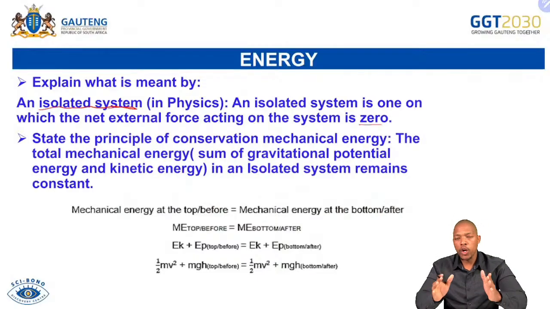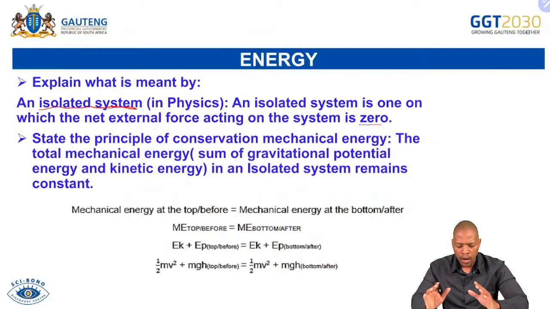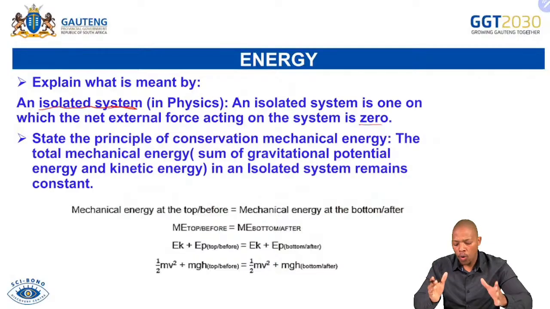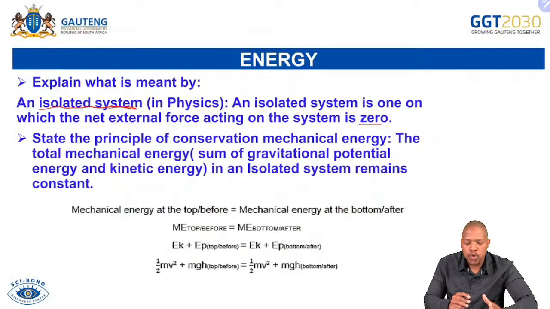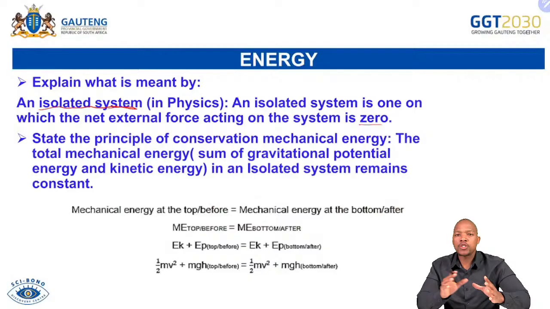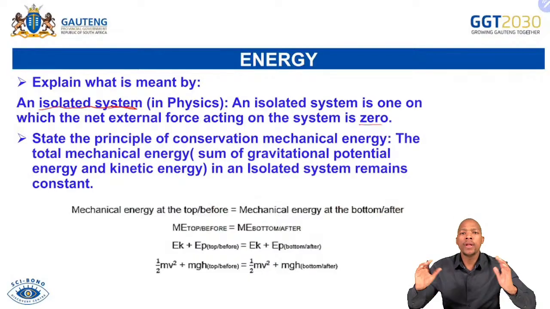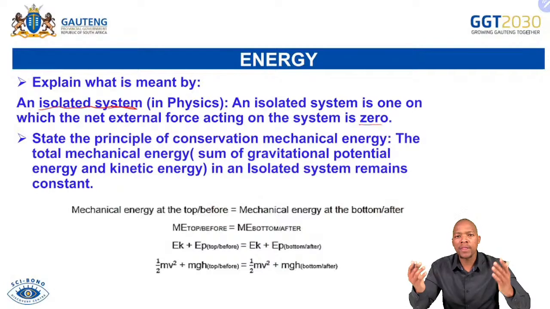So today we're not going to focus on what we mean by net external. We have that even on recordings. What we are saying today is that for mechanical energy to be conserved as well, it must be in an isolated system, meaning that we take no note of external forces. They may be there, but they must be 0, or they are not there at all.